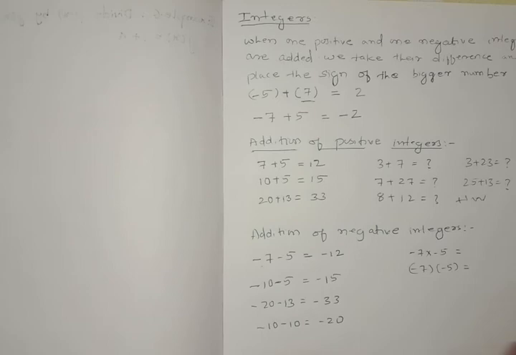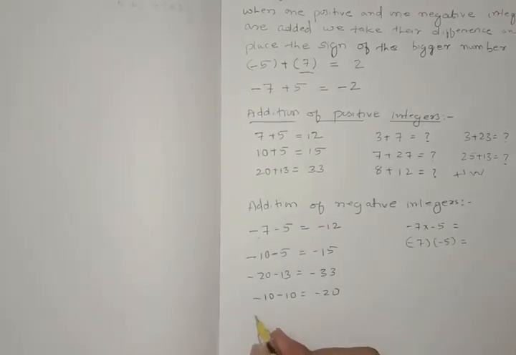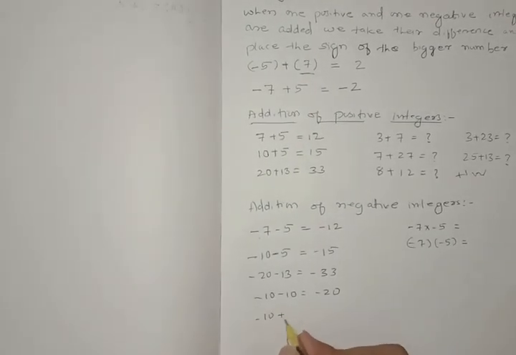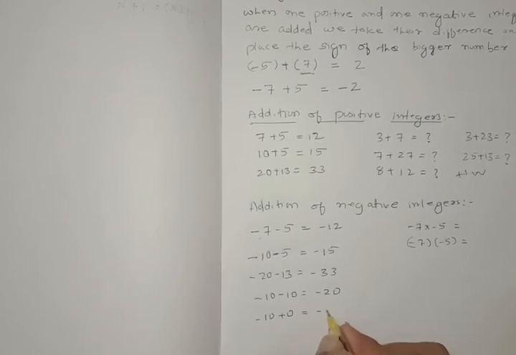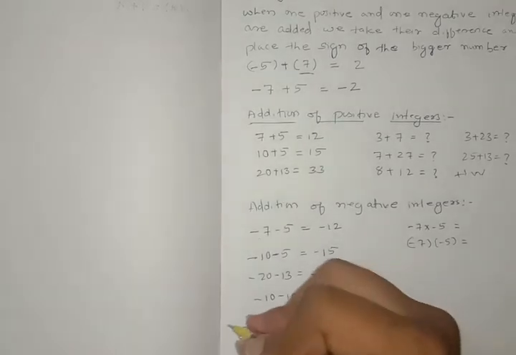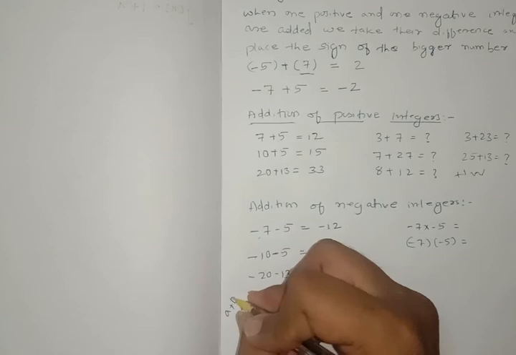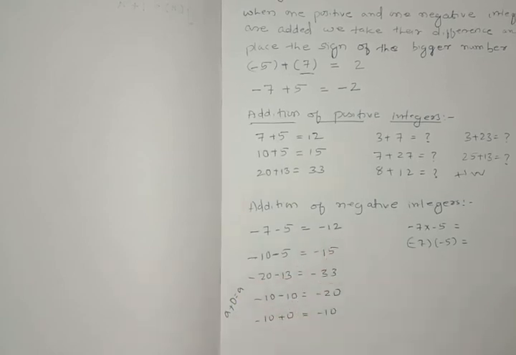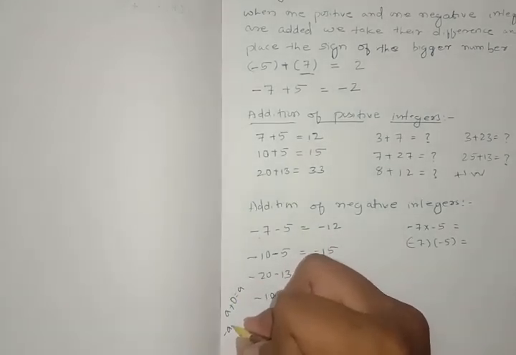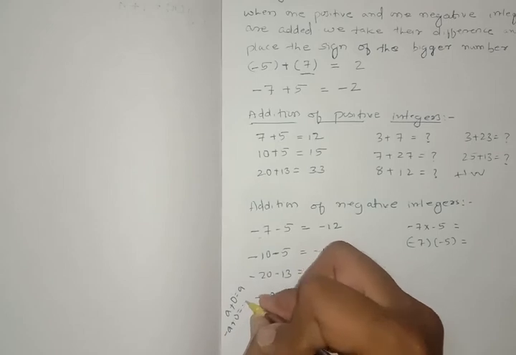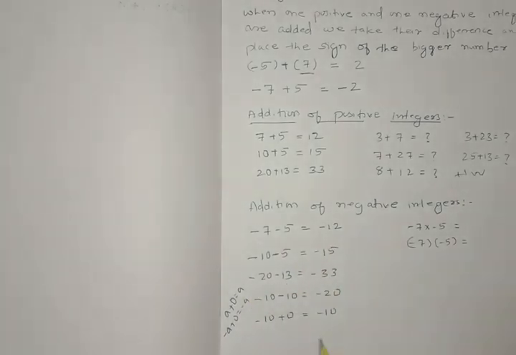One more, students. Minus 10 plus 0 is equal to minus 10. Keep in mind, anything plus 0 will be anything. If you add 0 with any positive integer, you will get a positive integer.